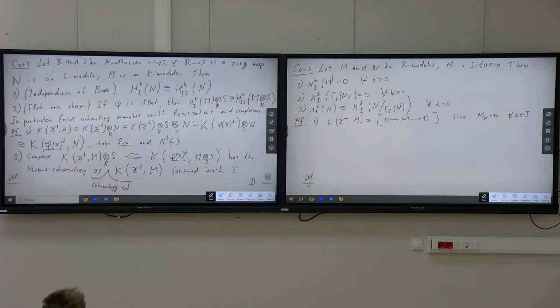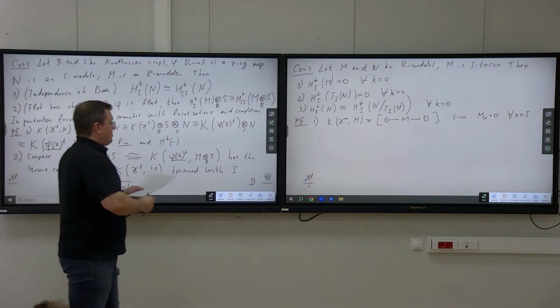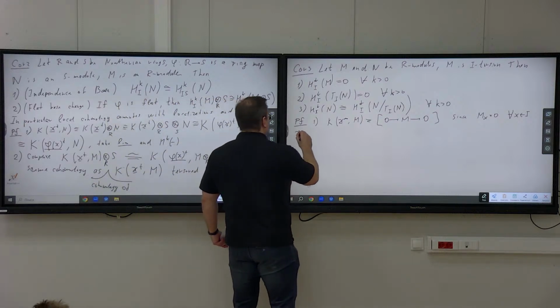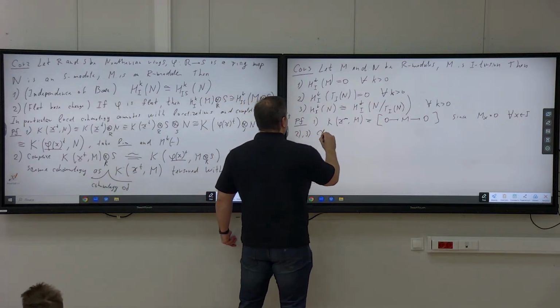The localization is kind of the restriction to the open subset which is the complement to the corresponding hypersurface, and M is I torsion, so it's supported on the vanishing set of I. So this is definitely something that doesn't intersect. So 2 and 3, I want to say this is clear.